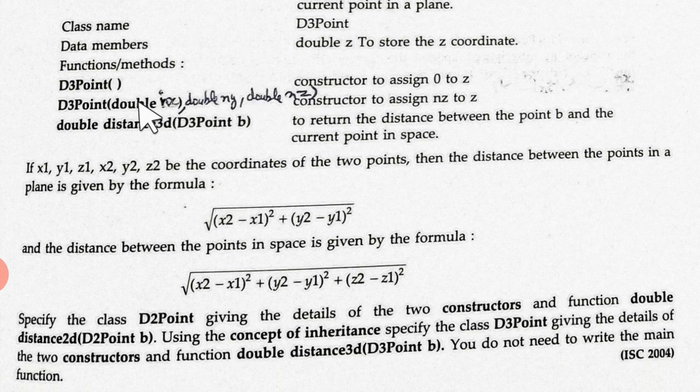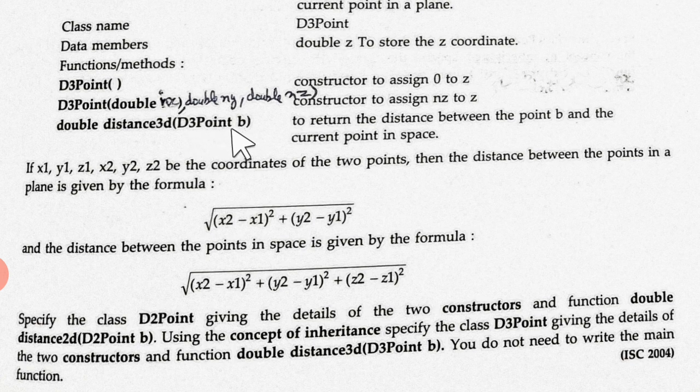After that, students, the distance between points in space is given by the formula: (x2 minus x1) whole square plus (y2 minus y1) whole square plus (z2 minus z1) whole square, under the square root. This is the formula for points in space, and it will be implemented in the function double distance3D(D3Point b).